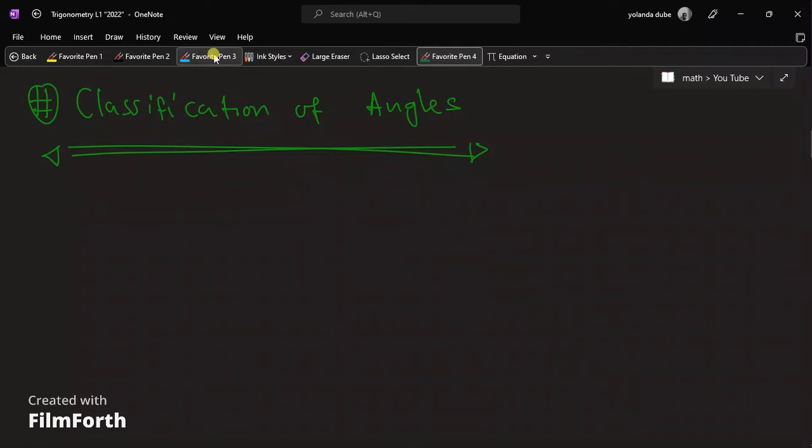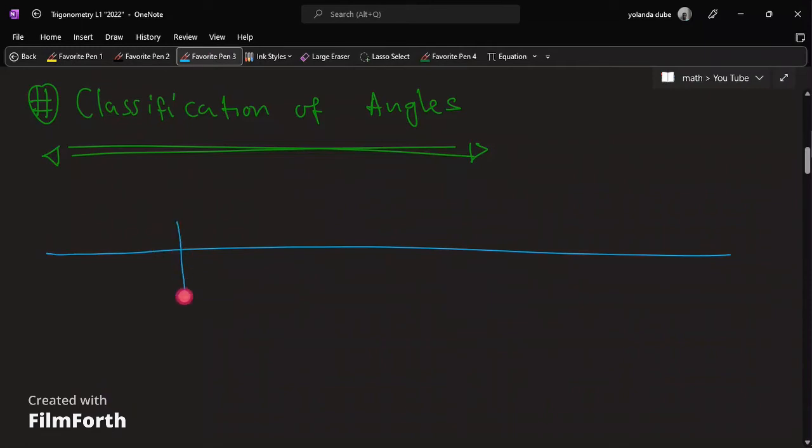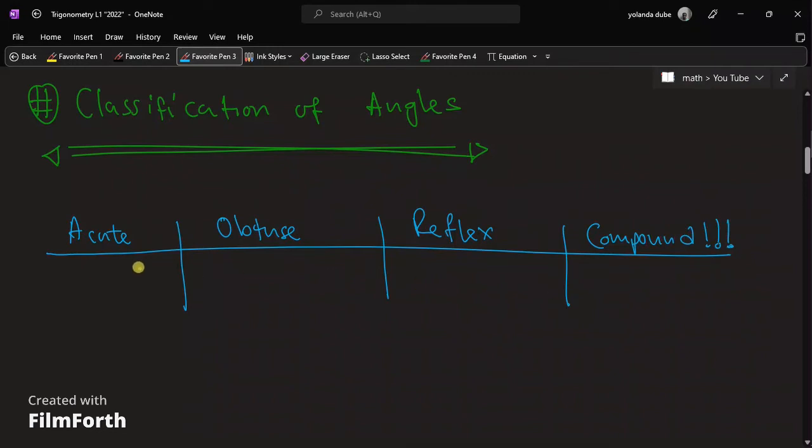So we have 4 categories of angles, which I'm going to represent here as follows. We have what we call acute angles, then we have what we call obtuse angles, and then we have what we call reflex angles, then we have what we call compound angles. So all the angles that we deal with in trigonometry can be classified under these 4 headings, like that.